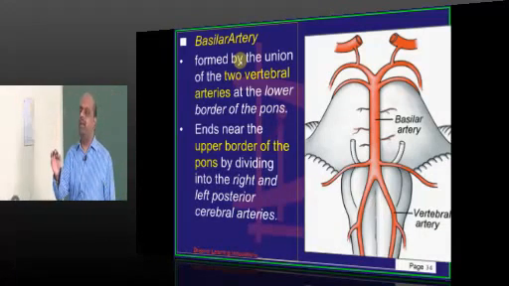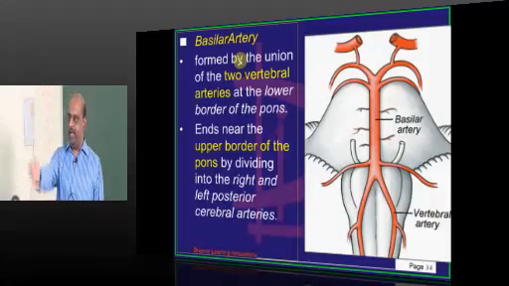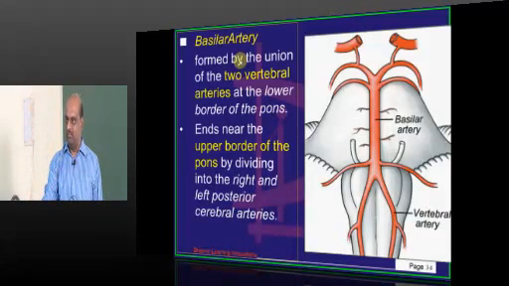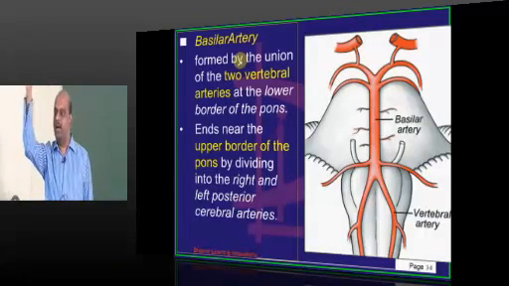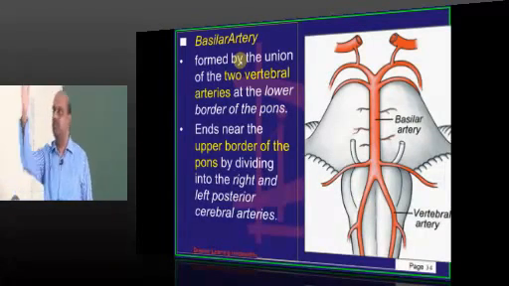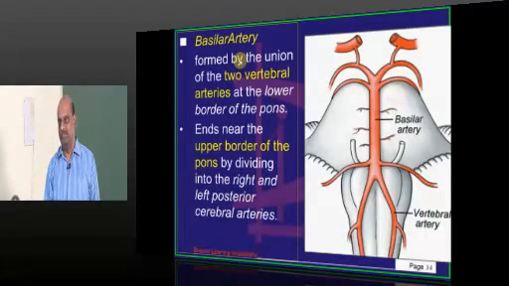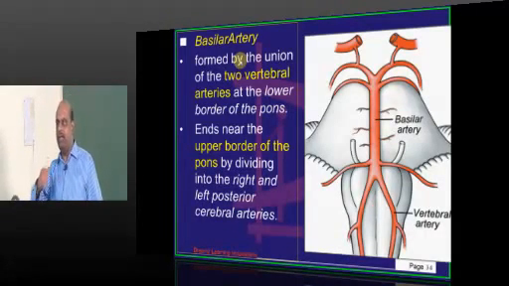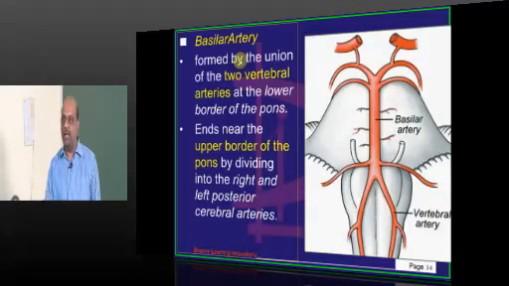The basilar artery is very, very important because the brainstem is standing like a pillar, like a floral tree, and the basilar artery supplies the entire what? Midbrain, pons, and the medulla. So it is the vascular backbone of the brainstem.